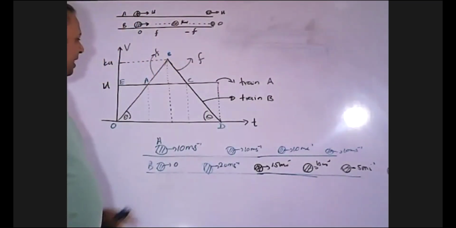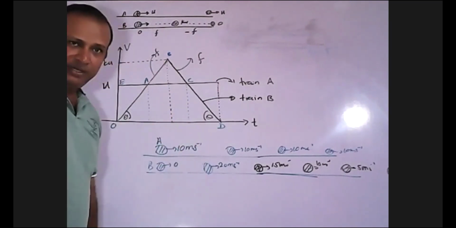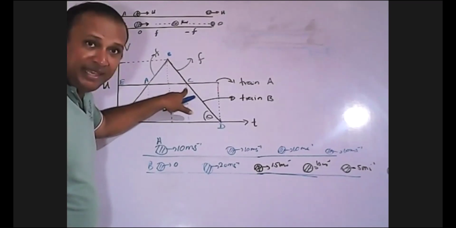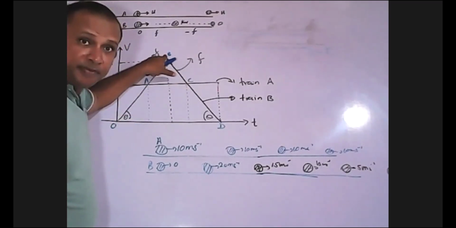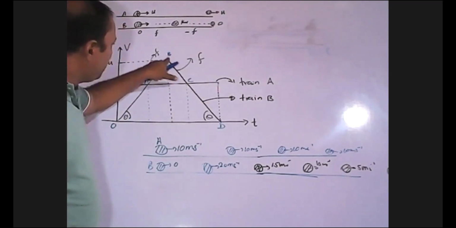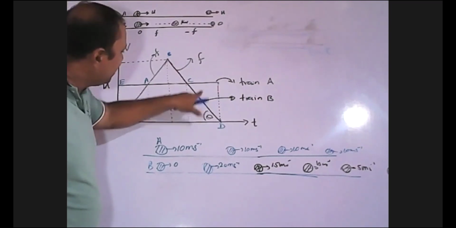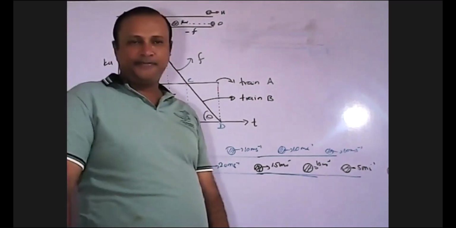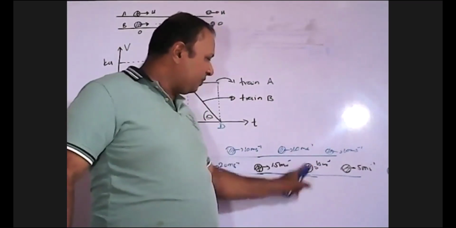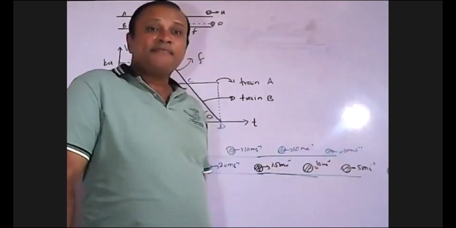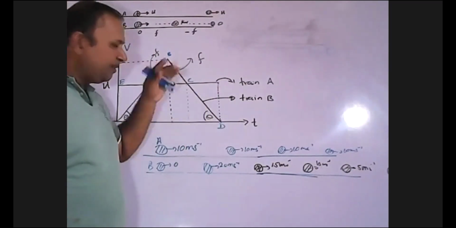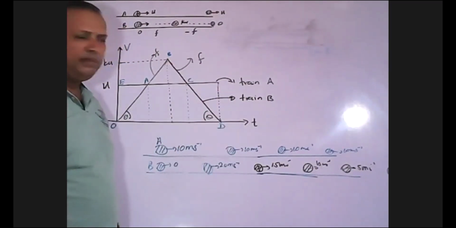So, according to that argument, you can clearly see after point C, the speed of train B decreases below A. After this point, the speed of train B is smaller than 10 ms minus 1. Therefore, the speed of train B is smaller than train A.